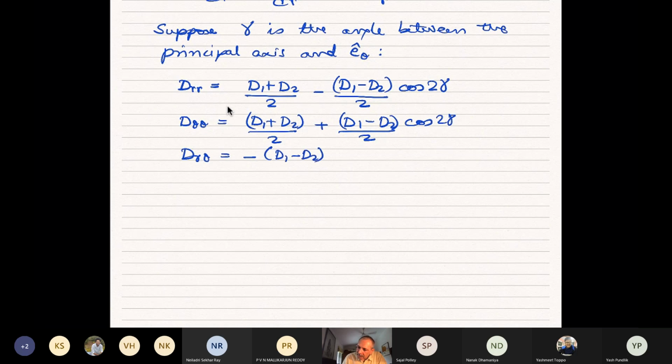So if you look back in your notes, you'll see that we had written sigma rr, sigma theta theta, and sigma r theta, or sigma xx, sigma yy, and sigma xy in this formula.